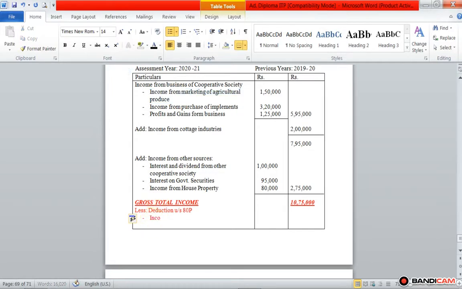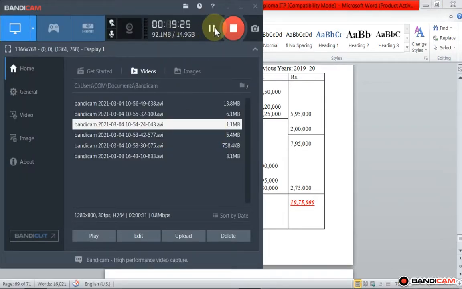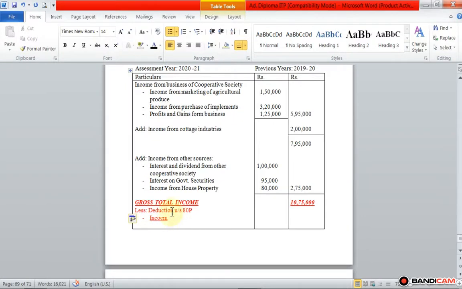Okay, so income from marketing of agricultural produce is allowed for a deduction of the whole amount of income if the income is derived from marketing of agricultural produce.